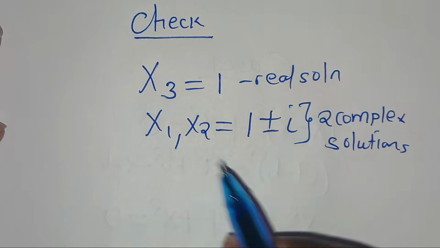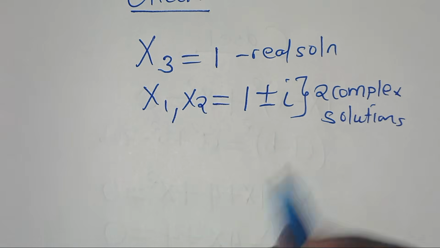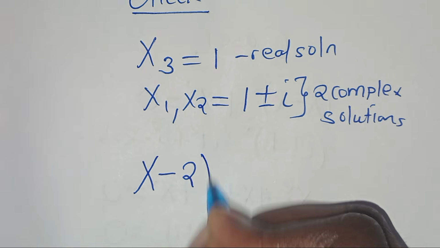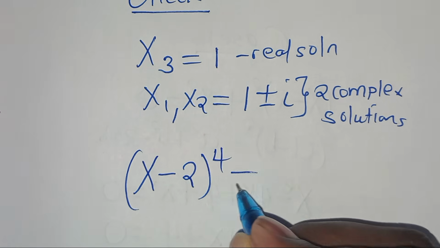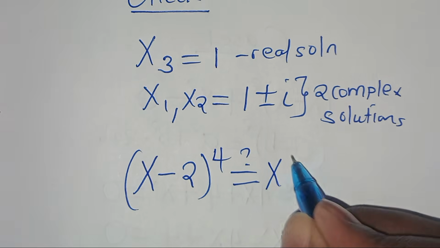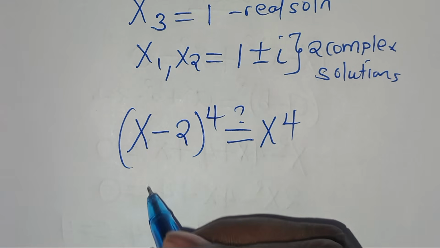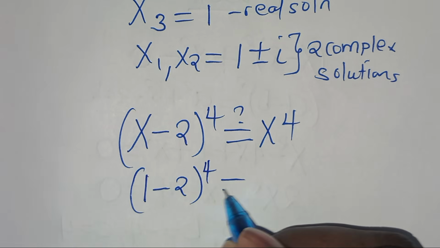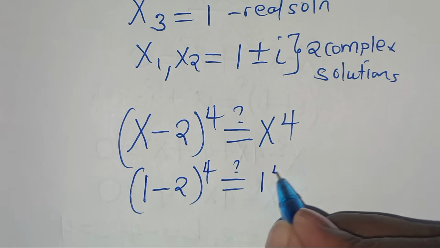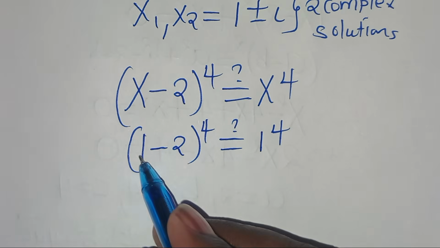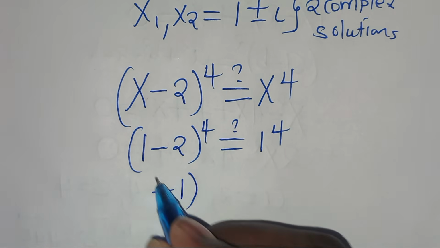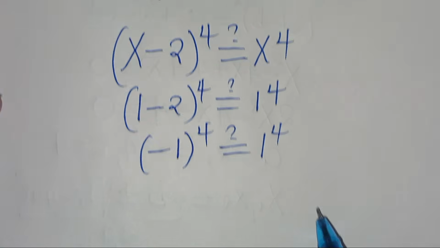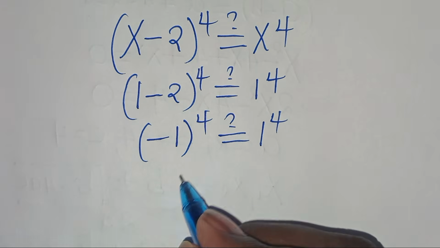Now, let's check if this x3, which is 1, satisfies the equation. If you recall, we have (x - 2)^4, which should give us a value of x^4. So with x equal to 1, (1 - 2)^4 should be equal to 1^4. 1 minus 2 is negative 1, raised to the power of 4, which is 1.